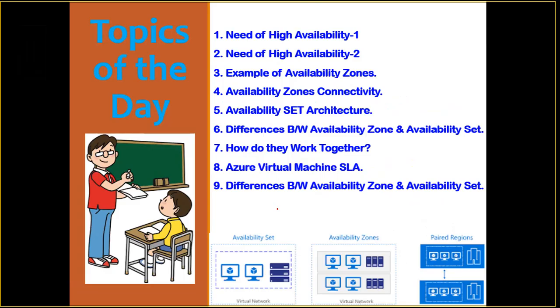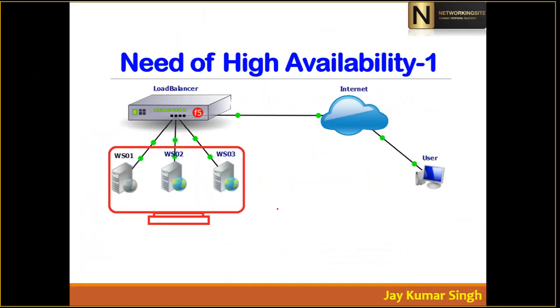First we have to understand why we need high availability in our organization when we are talking about cloud infrastructure. Suppose we have one internet user who wants to access some data in your organization. The request comes through the internet directly to the Azure load balancer.